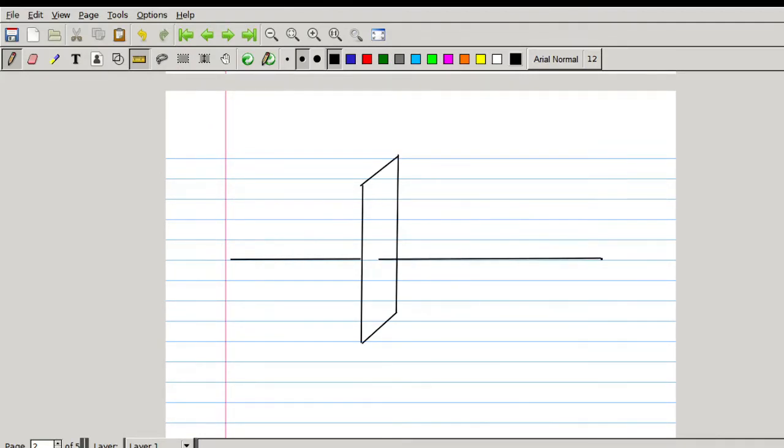This is the X direction, this is the Y direction, and this is the Z direction. This xy surface is separating two media.